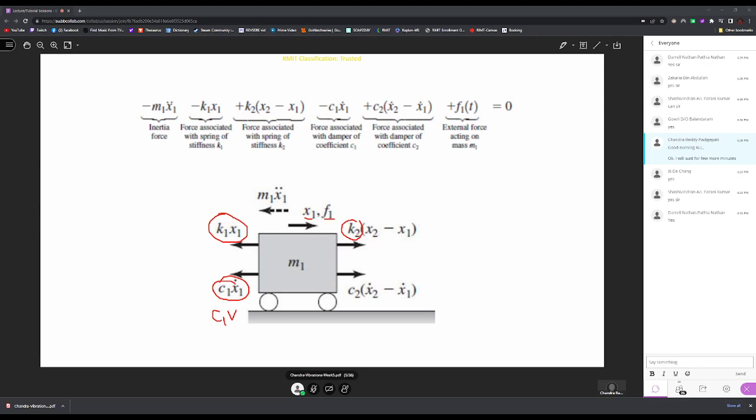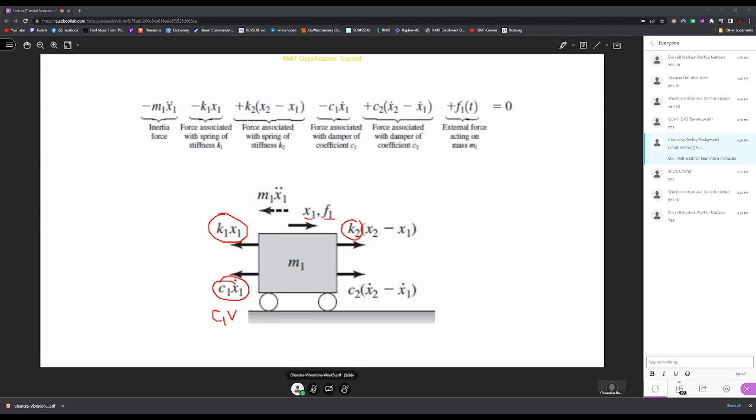Similarly, the damper here will have the net difference in velocity, V2 minus V1, where V2 is replaced with x2 dot and V1 is replaced with x1 dot. So this is the free body diagram acting on mass 1.